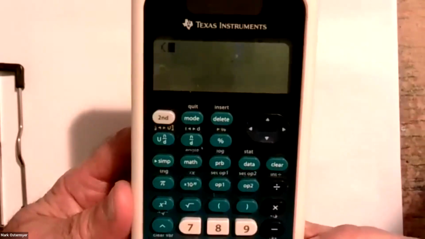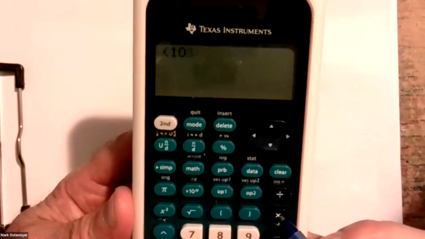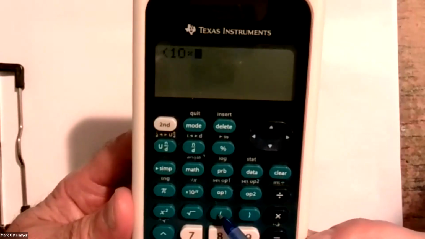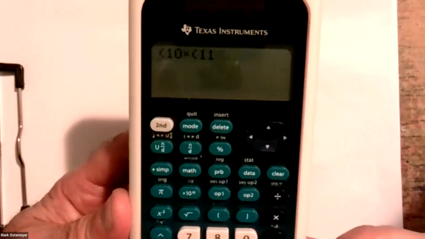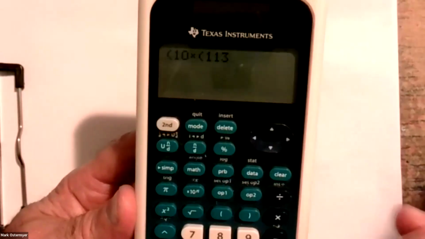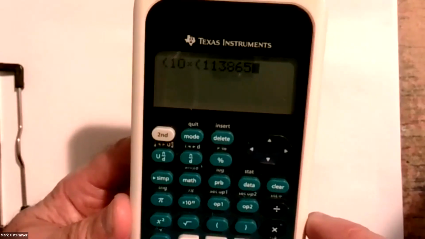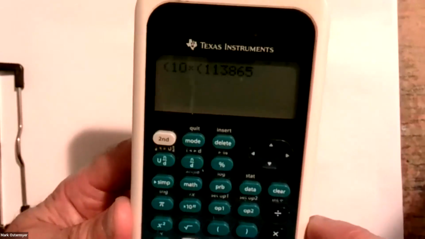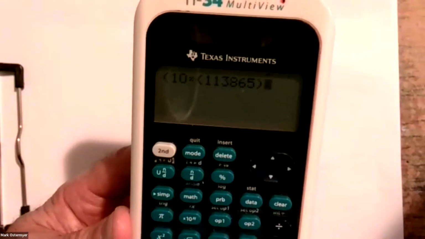I would type in 10 times open parenthesis 113,865, closed parenthesis.